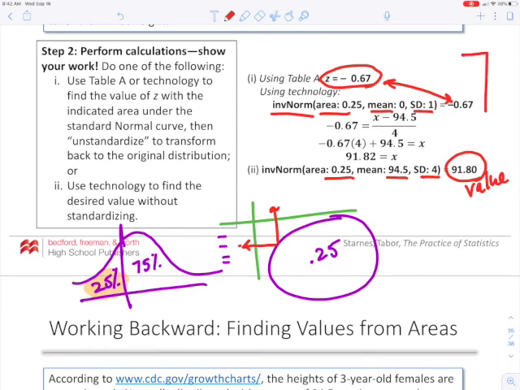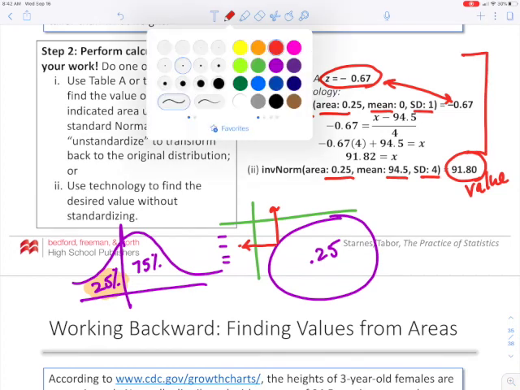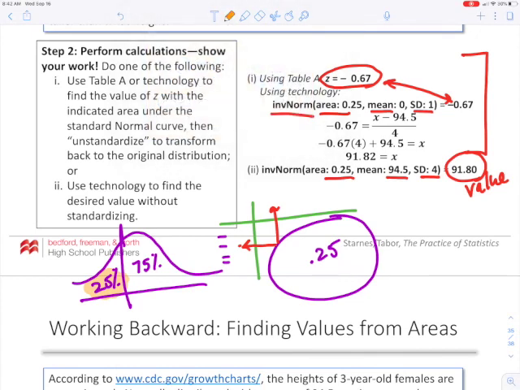If you're doing the table or the other inverse norm option, there's an added step. Remember, the z value, negative 0.67, is equal to the value we're looking for minus the mean, which was 94.5, divided by the standard deviation, which is 4.